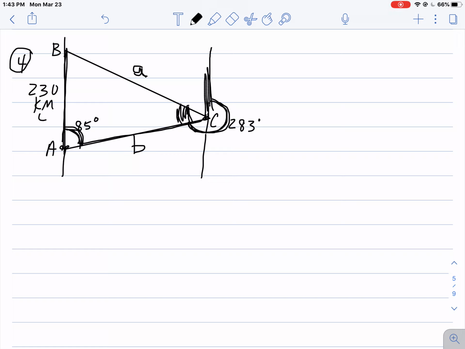I can figure out this angle C because we have that 283 degrees. I know this is 180. What's the measure of this angle? It's 85 degrees. That's one of those transversal type problems.